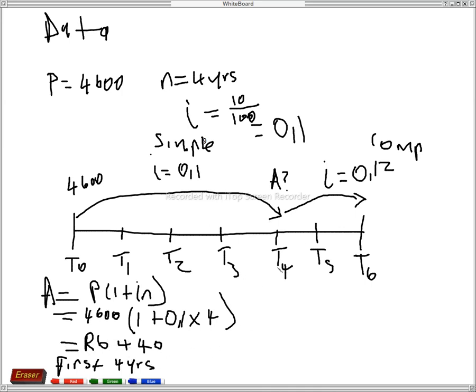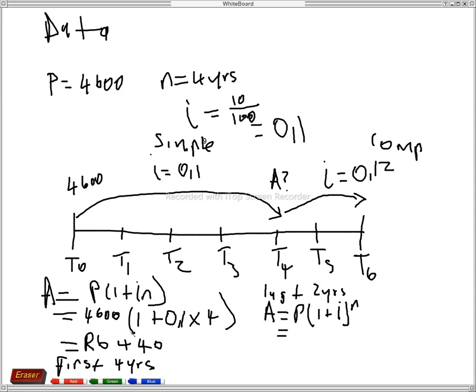Now we come to the last 2 years. For the last 2 years, we have A equals P into (1 plus I) to the power n.